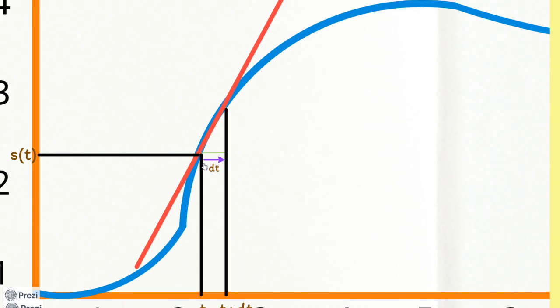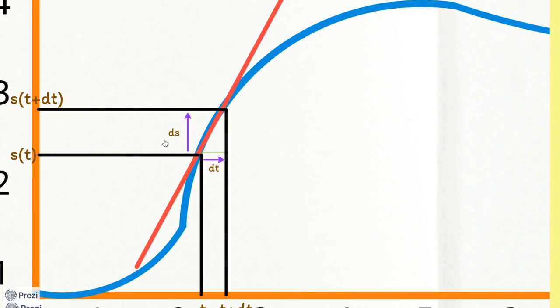It's a common way of denoting displacement. So s of t gives me the distance at time t. s of t plus dt gives me the distance at time t plus dt. If I subtract these two values, I get the change in distance, and I'll call the change in distance ds.